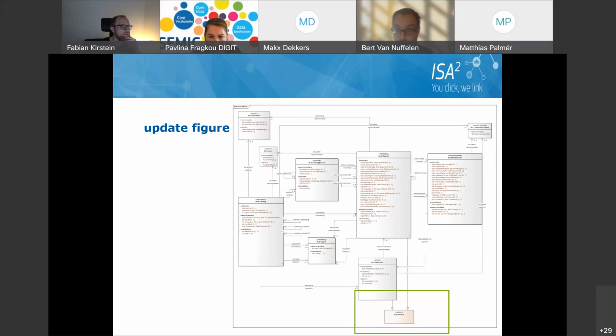Our proposal is to put it into the figure as an abstract notion. I've put it at the bottom to have minimal line overlap. It's a bit counterintuitive that the superclass is at the bottom, but unless I start rearranging the whole picture, this was the easiest thing to do.